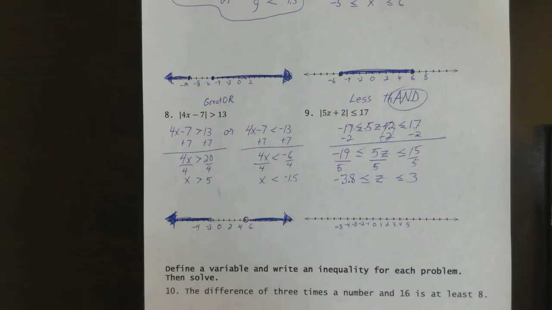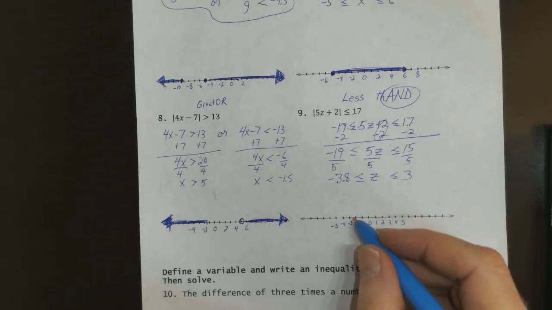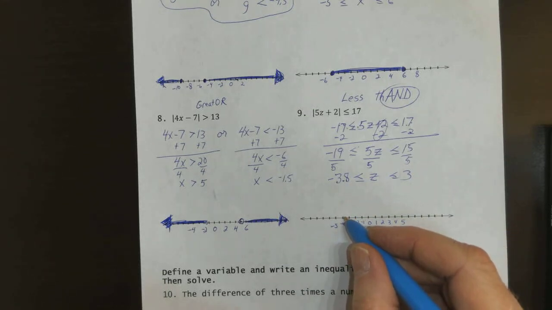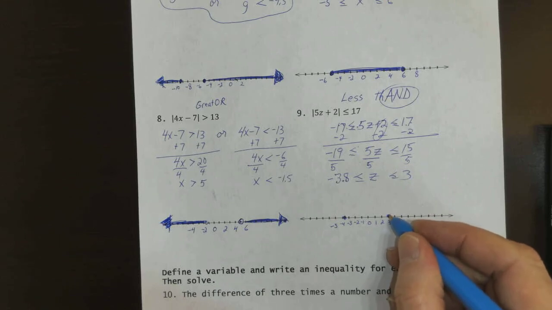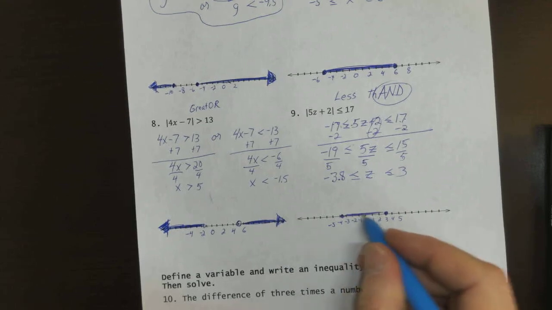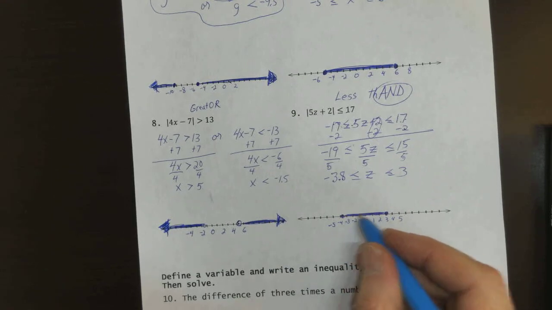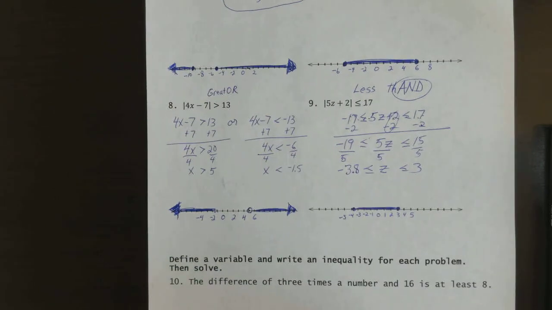As I label, z is greater than or equal to negative 3.8, right close to negative 4 here, not quite negative 4, and less than or equal to 3, right on 3, heavy or shaded between the two. That's where the solutions are to this.